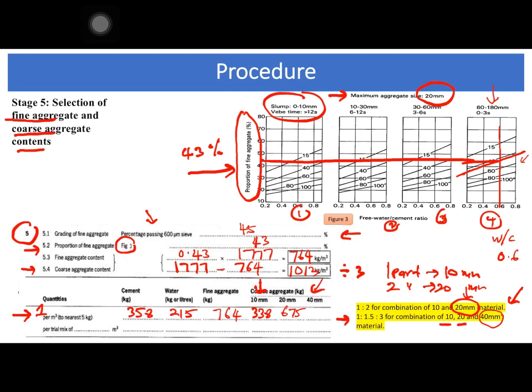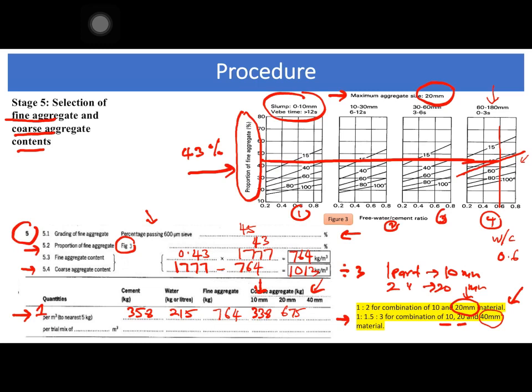So it means that you have 1 plus 1.5 is 2.5 plus 3, so you have 5.5. So you divide the total coarse aggregate by 5.5. Then you have 1 part for the 10, 1.5 parts for the 20 and 3 parts for the 40 mm.